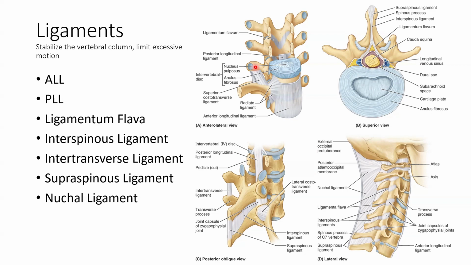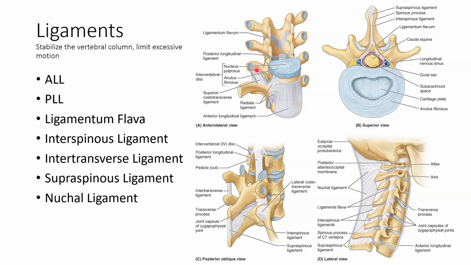And so we're often describing it as limiting excessive motion in certain directions. You want to picture a ligament's job as: in which direction do those two bony ends that it's connected to have to move farther apart for that ligament to become very tight and resist too much movement. Okay, so try to picture that.